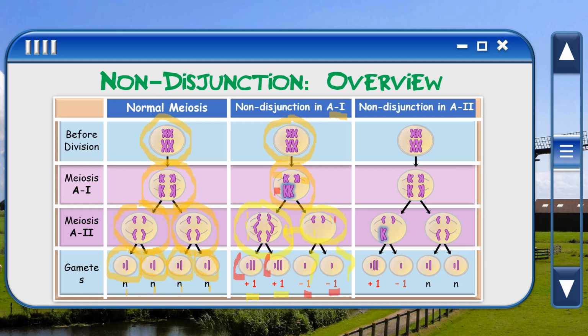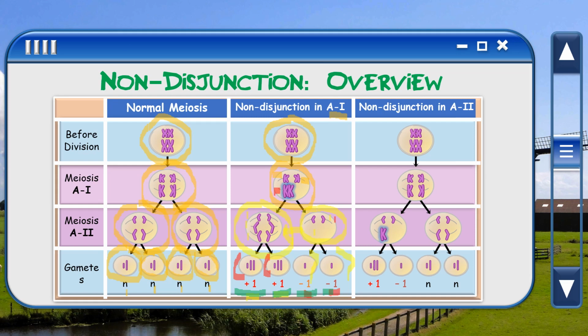Here, the non-disjunction happened in anaphase 1. And we say that when non-disjunction happens in anaphase 1, it affects all the gametes. This gamete has been affected by having an extra chromosome. This gamete has been affected by having an extra chromosome. This gamete has been affected by having less by 1.